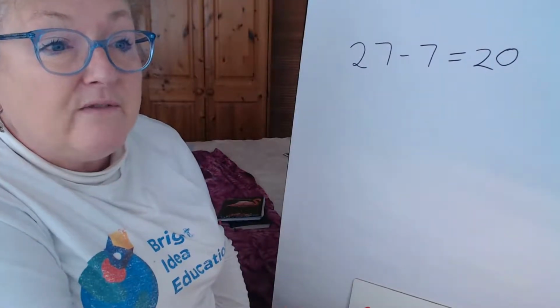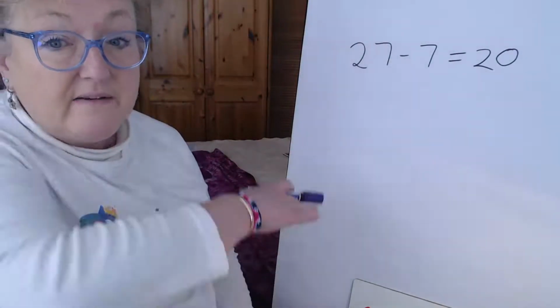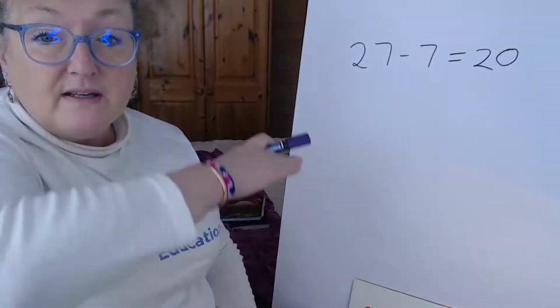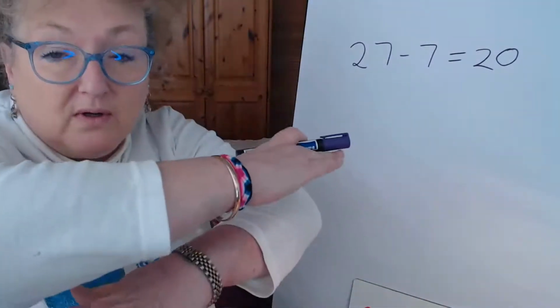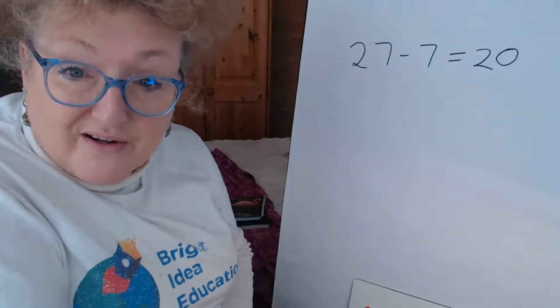Remember your equal sign. 57 take away 4 equals. And you have to have the equals. And then you can do the answer as well. Put the answer on the end.